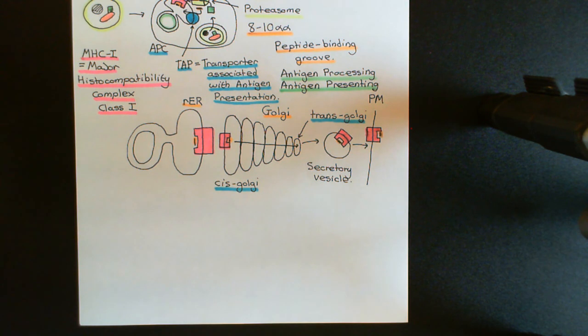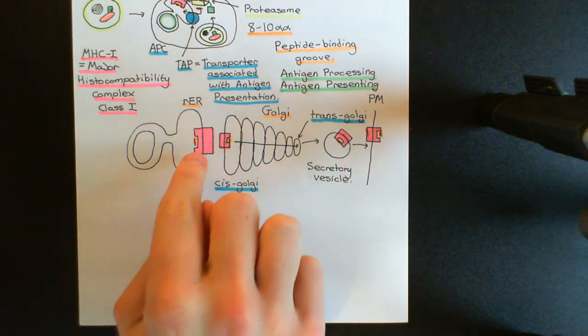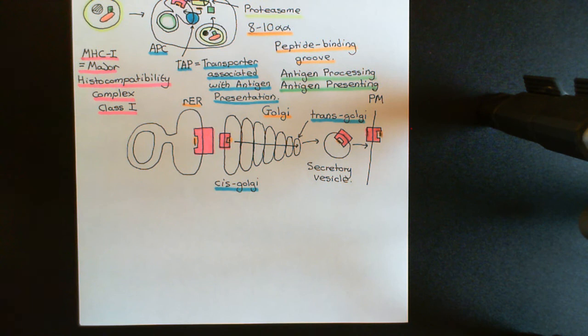The pathways are slightly different for processing and presentation, but the big difference is that we're going to have a different MHC complex. We're going to have MHC class 2, and that then is going to activate humoral adaptive immune responses rather than cell-mediated adaptive immune responses.